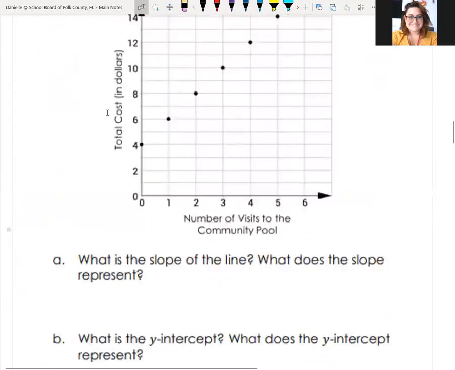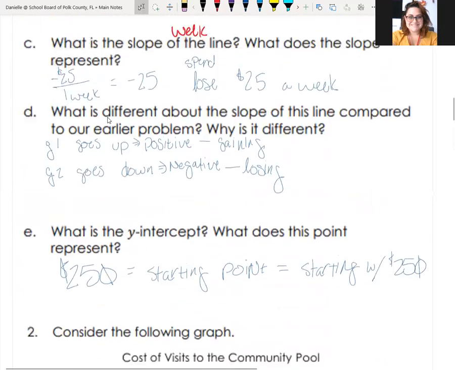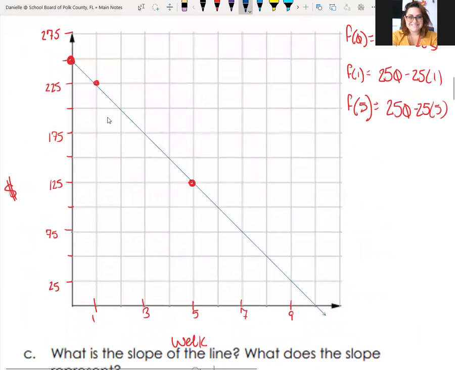So let's reference back up here. What that says is this number tells me where my graph starts. So in this case, it starts at 250. This number tells me how much I go down by every time.